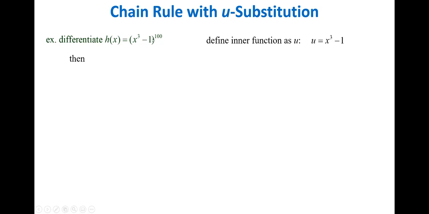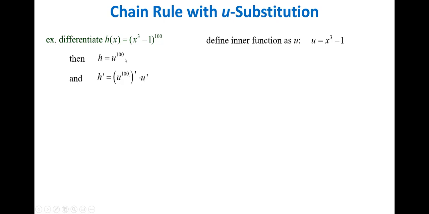And then I'll rewrite this as it's not going to be h of x because the variable now is temporarily u. It'll be h is equal to u to the 100. And then h prime will be u to the 100th prime times u prime.